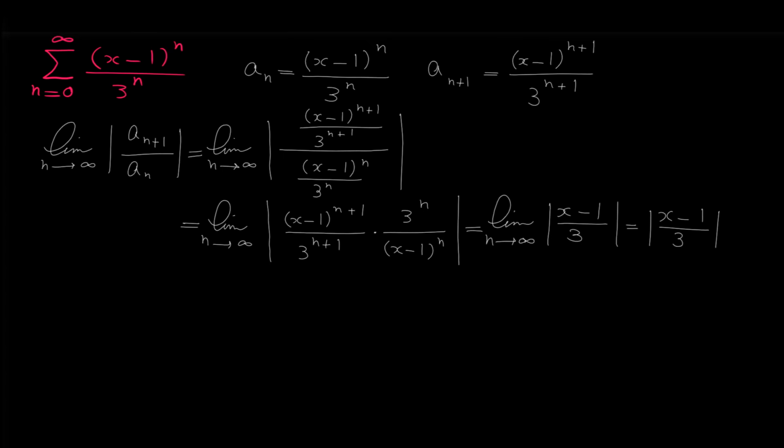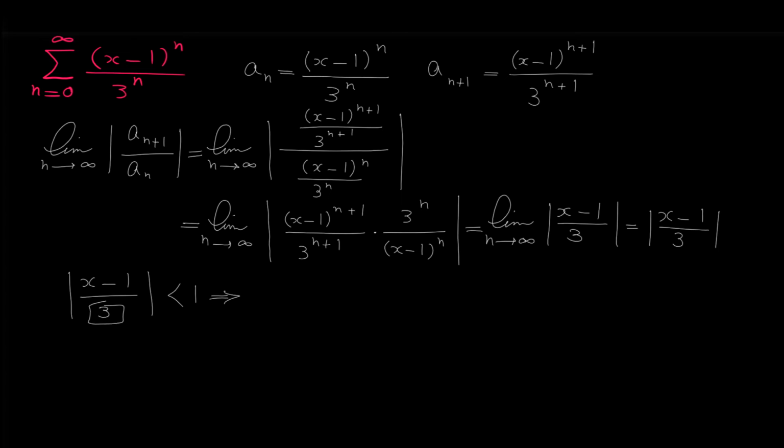By the ratio test, we know that the series converges if the limit, which in this case is the absolute value of (x minus 1) over 3, is less than 1. So by solving this inequality, we can find for what values of x the series converges.